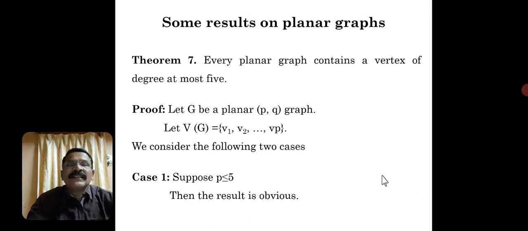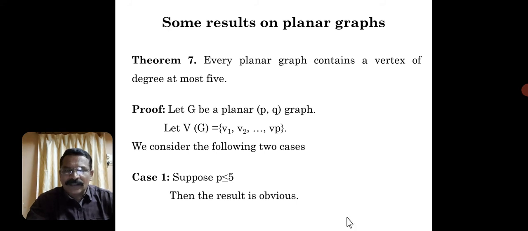Now to prove this result, what we will do? We will consider a planar graph which contains P vertices and Q edges. So P vertices, it implies there are P vertices. Let the vertex set of that graph contain the vertices V1, V2 and so on, Vp.